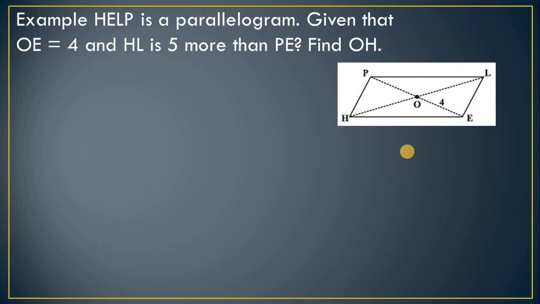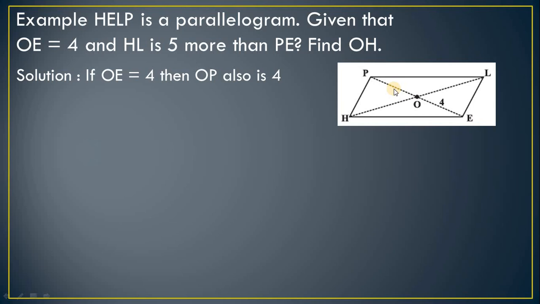Here we will take one example for that. Given that OE is 4, this side will be 4, so definitely PO will be 4, and HL is 5 more than PE. So how will we calculate that? As I told you, this side is 4, this one PO is also 4.